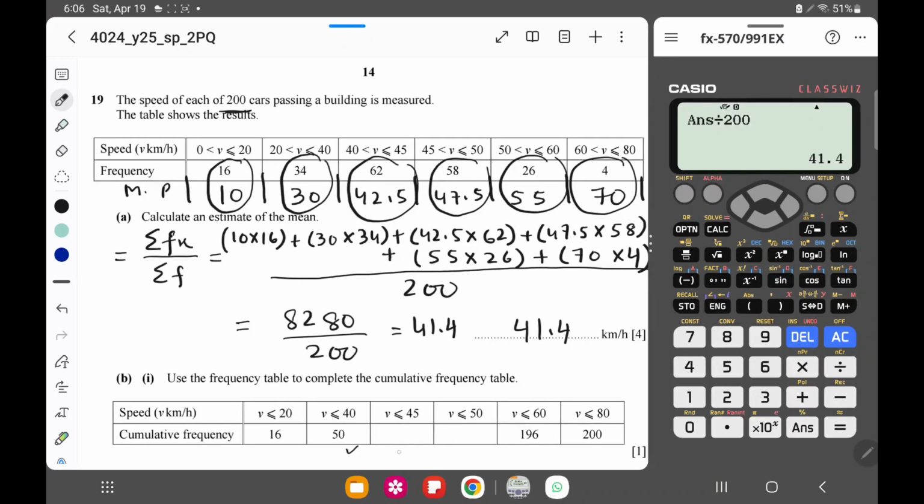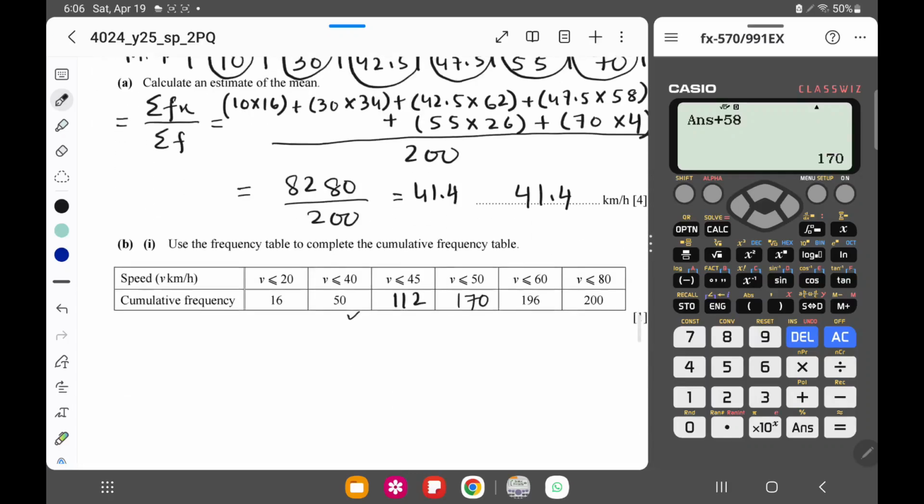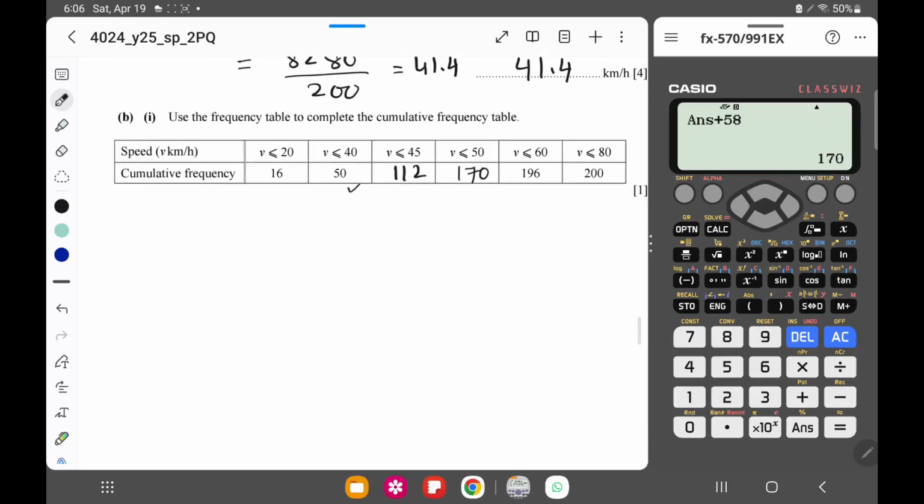Then 50 plus 62 becomes 112. And 112 plus 58 equals 170. The rest of the numbers are written, and your last number should be equal to 200. So we have the cumulative frequency table already.